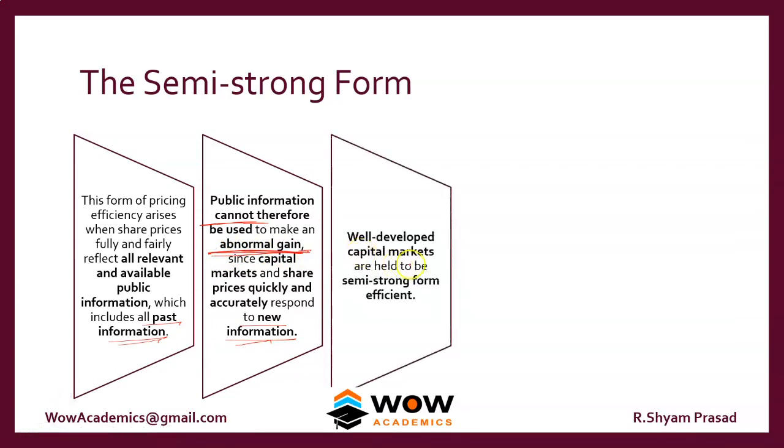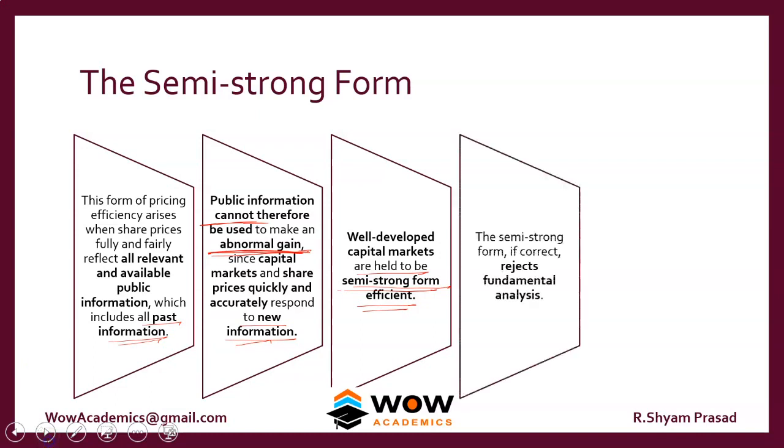Well-developed capital markets are held to be semi-strong efficient, because there are so many people who are analyzing the annual report of a company. So publicly available information is just a waste of time, and that is what research has proved for semi-strong information also. The semi-strong form, if correct, rejects fundamental analysis.